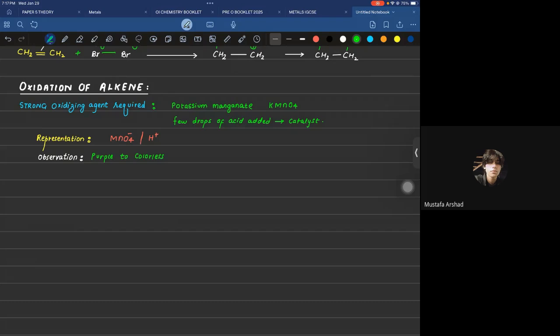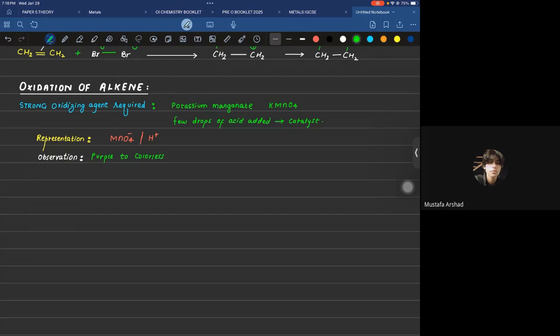In this reaction you will see that the color of the potassium permanganate would be decolorized basically. So it would change from purple to colorless after the addition.